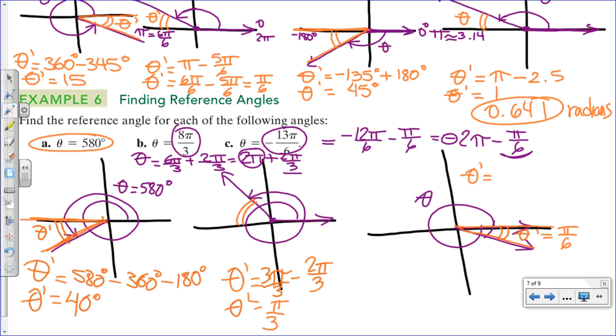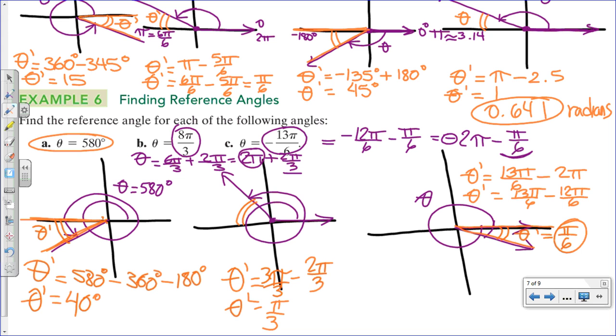I guess we will say something like 13 pi over 6 minus 2 pi. That's what I would say. So that will be like 13 pi over 6 minus 12 pi over 6. And that gives us pi over 6. Like I tell you guys, I'm not really good at doing this numerically, to be honest.